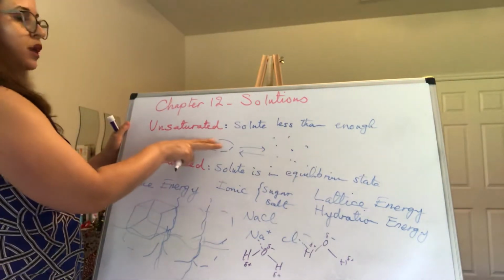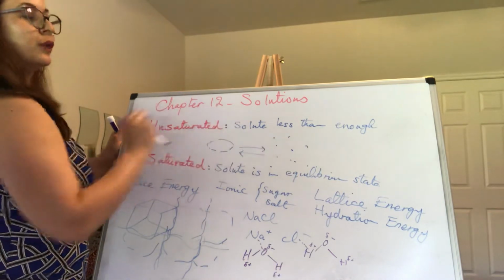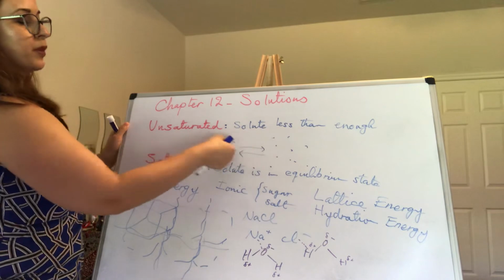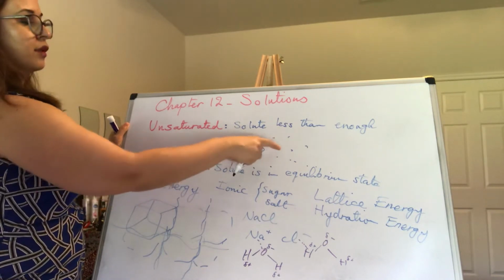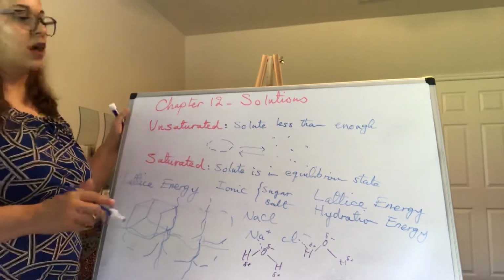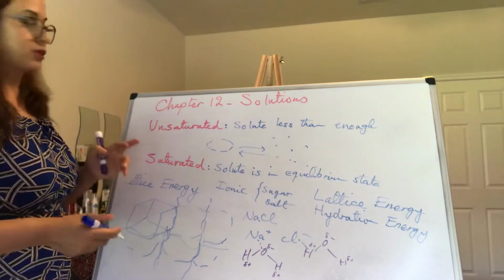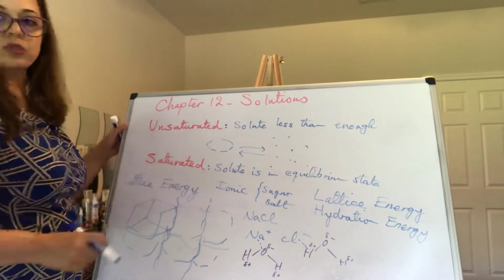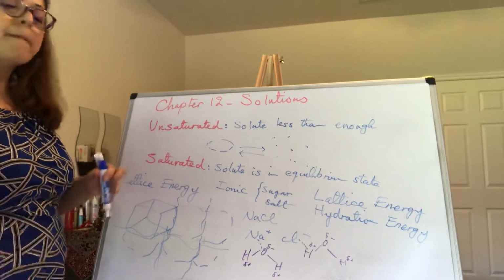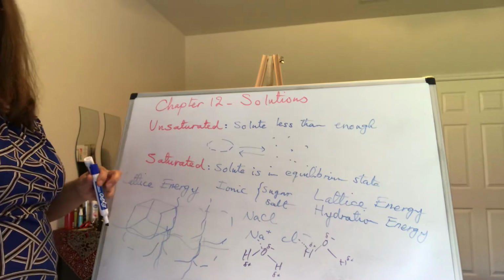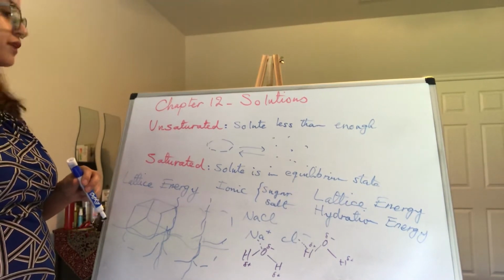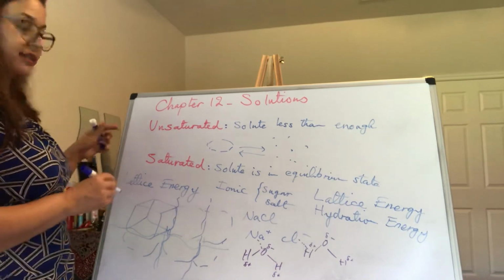So the amount of solid that goes to the liquid phase is in equilibrium with the ions that go back to the solid phase. So in saturated solution, you have dissolved the maximum amount of solute that you could have dissolved in the solvent.